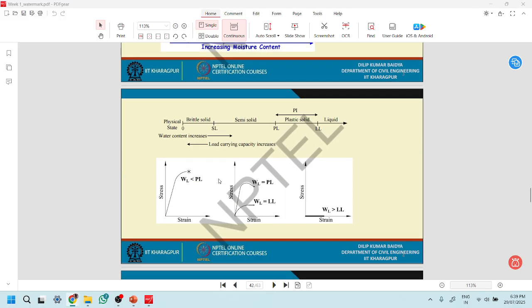So basically, this is talking about this type of soil. This talks about the state of soil.